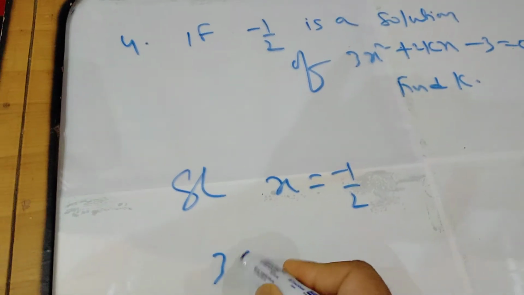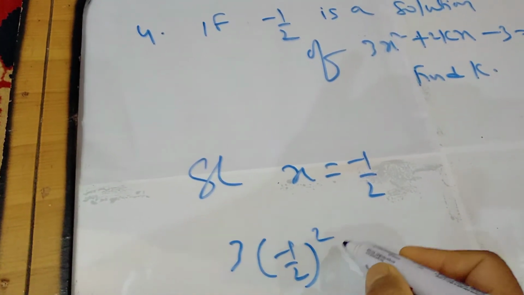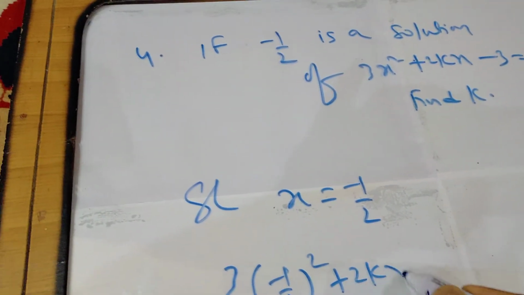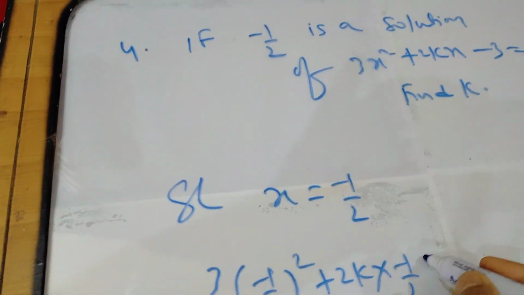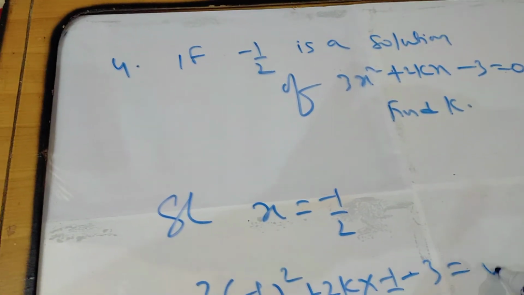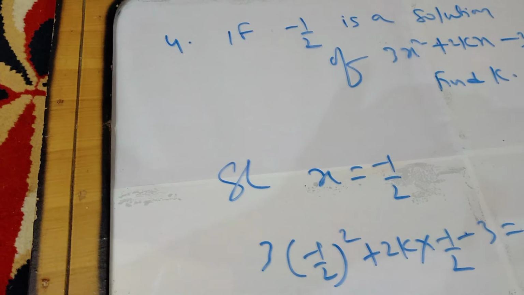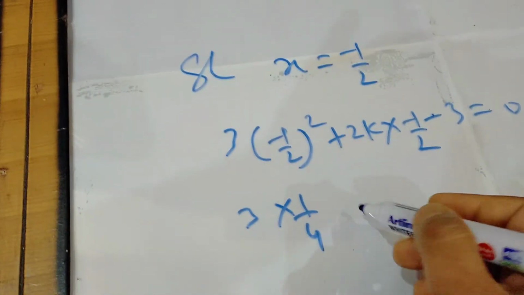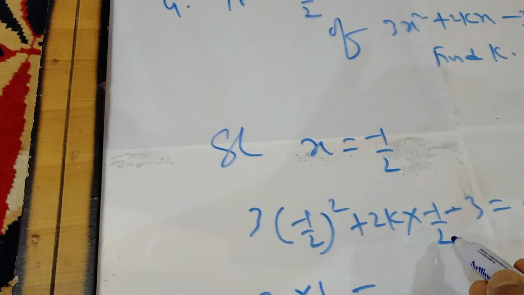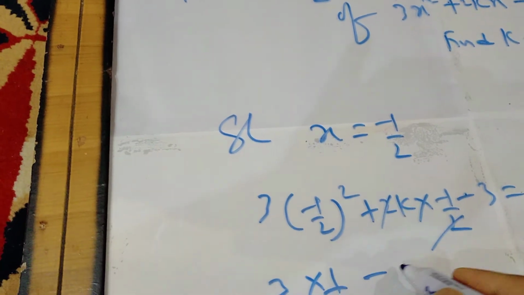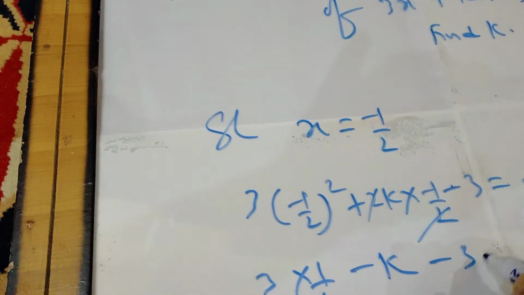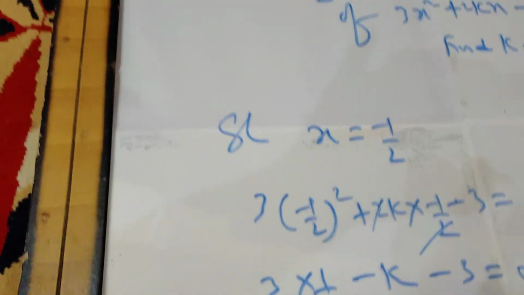So 3 multiplied by minus half whole square plus 2k into minus half minus 3 equal to 0. It will be 3 into 1 by 4, minus, this 2 is cancelled out by this 2, so it will be minus k minus 3 equal to 0.